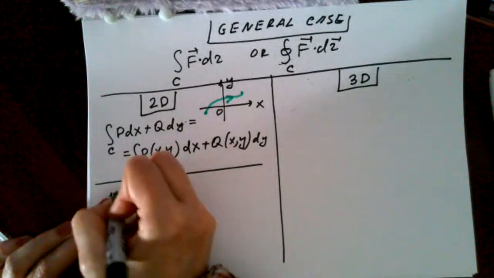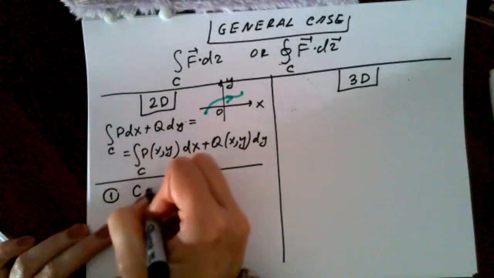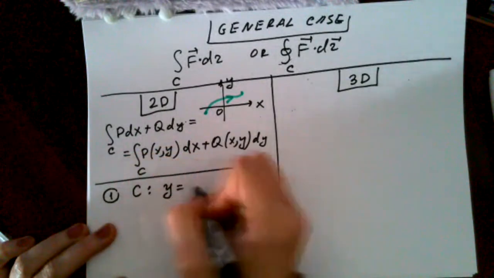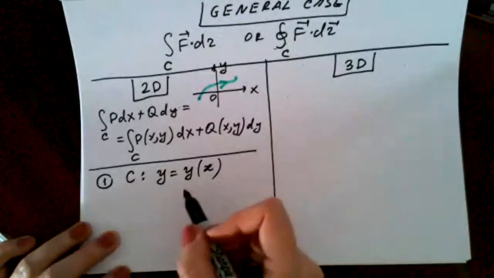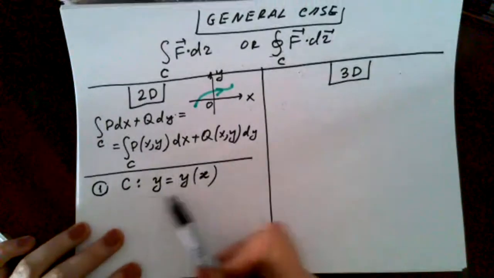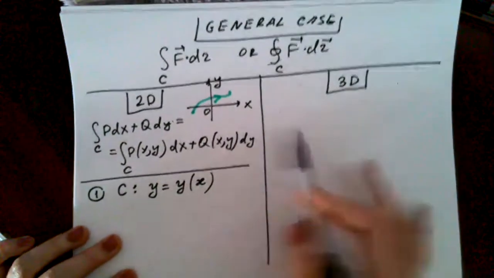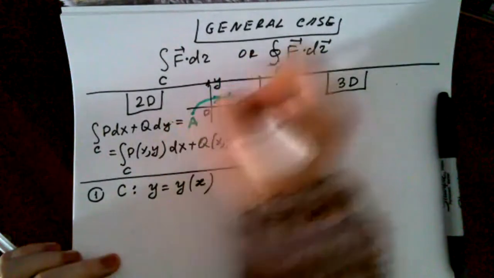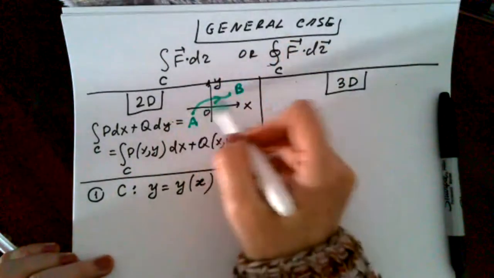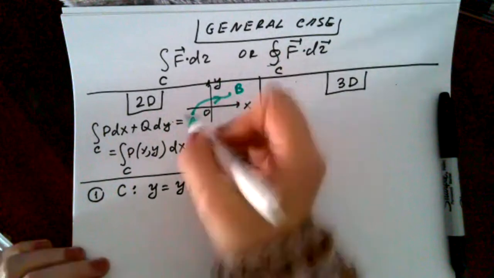You know that there are several methods of giving the equation of your path. The first case is when your path is given in the form of a function y of x. Of course, you are given some segment of this path, which is why you use the letters A and B denoting the start point and the end point of the journey.